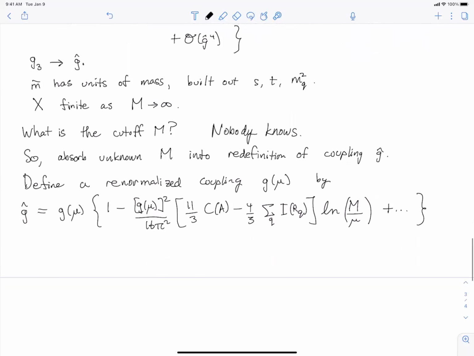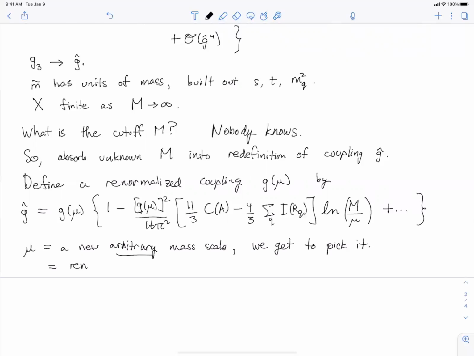This is a very sneaky thing to do. What is mu? Mu is a new arbitrary mass scale, not the cutoff. It's arbitrary and we get to pick it, so we do know what that is by definition, because it's something we choose. This is known as the renormalization scale. It's a mass scale or an energy scale.